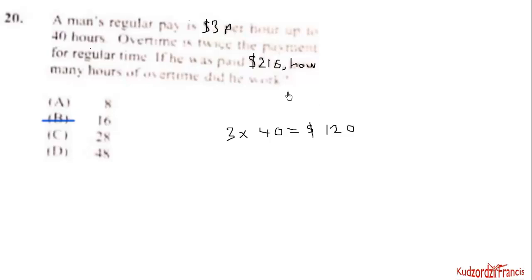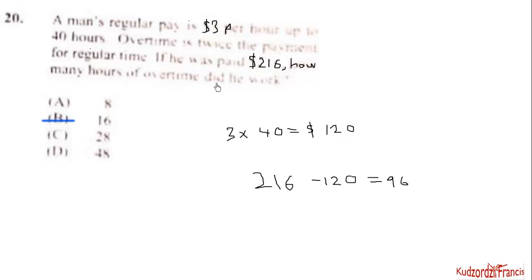So we take 120 out of $216. So 216 minus 120 will be equal to 96.